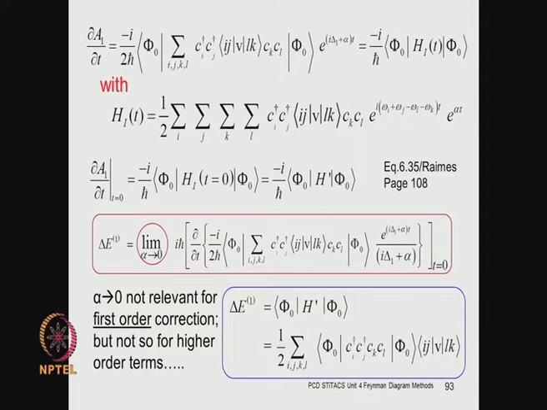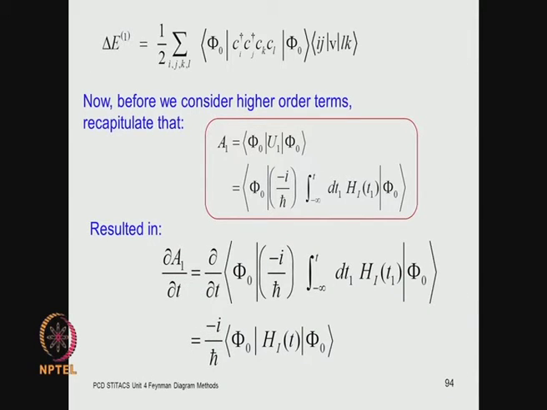So, let us begin to look at higher order terms, but before we do that, let me just quickly remind you that when you expressed A1 as the matrix element of this time evolution operator with subscript 1, there is only one integration involved, only one time parameter involved. The result is the matrix element of the interaction picture Hamiltonian, right.